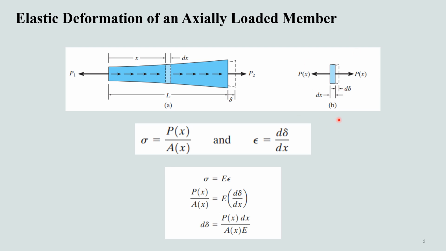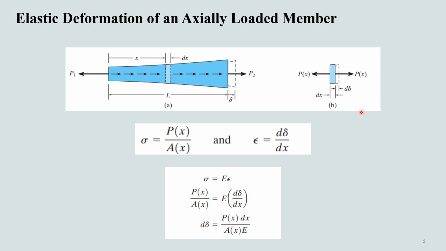This load will deform the element into the shape indicated by the dashed outline, and therefore the displacement of one end of the element with respect to the other end is d delta. For this small element, the displacement of one end with respect to the other is d delta.